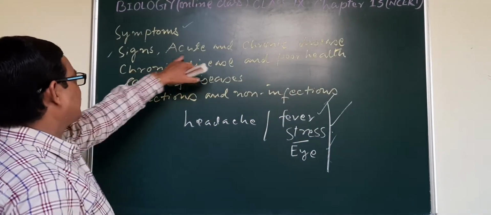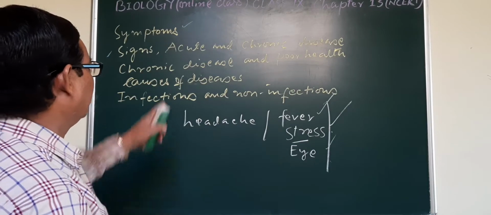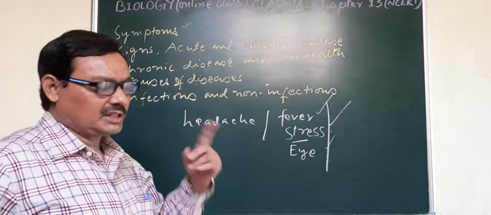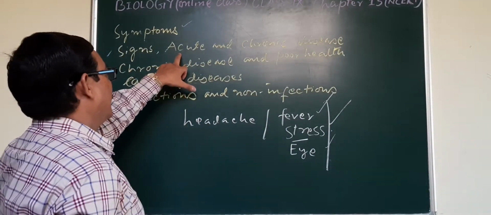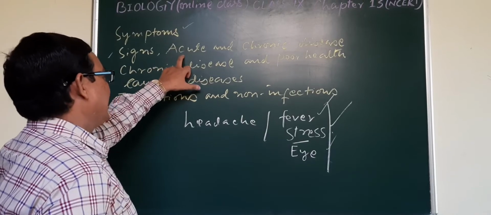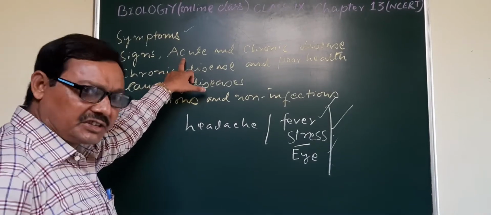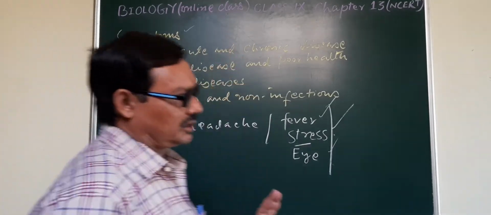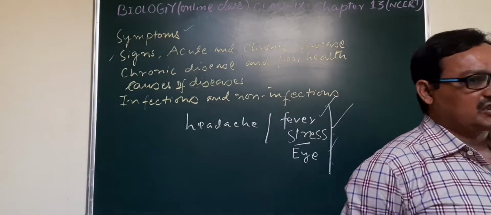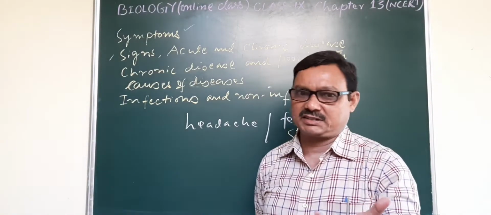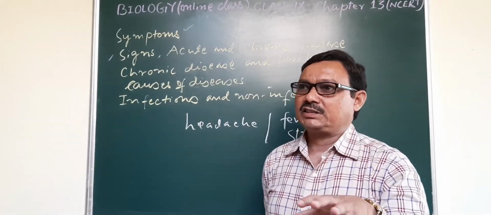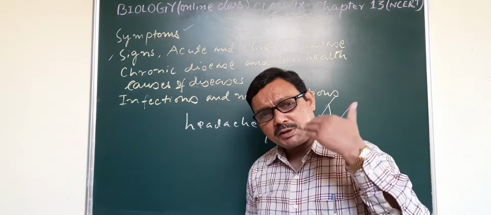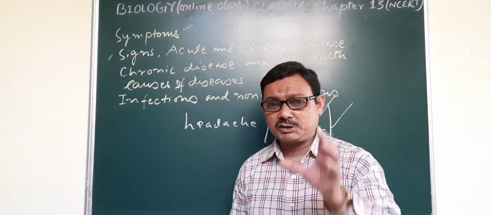Next, in the next part of the lesson, the acute and chronic disease. In the earlier class also we discussed this, because depending upon the severity and the duration, the disease may be acute or chronic. The acute disease impacts temporarily; the severity may be greater, but the duration is less.